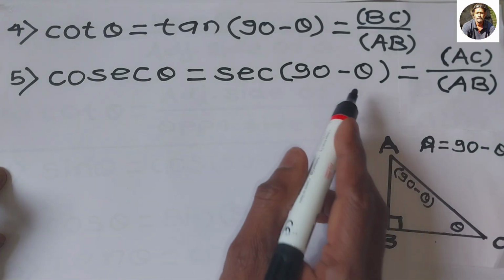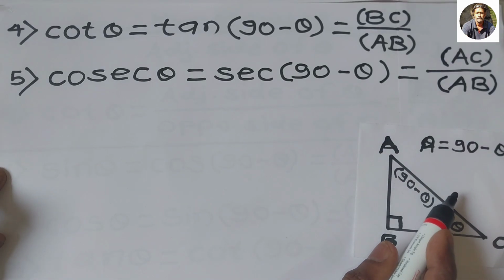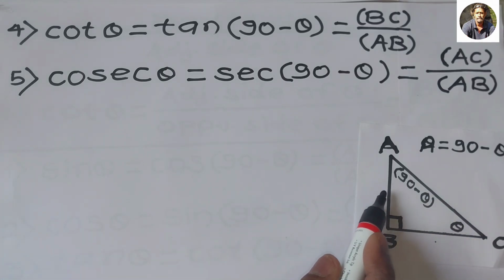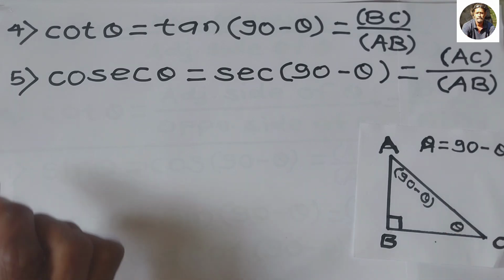Now for sec of 90 minus theta, it is hypotenuse upon adjacent side of 90 minus theta, adjacent side AB. So AC upon AB, same value.